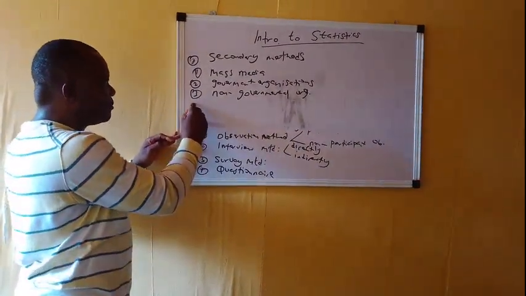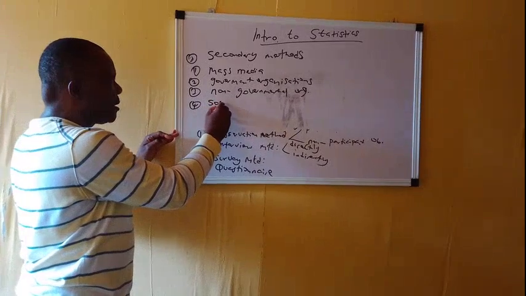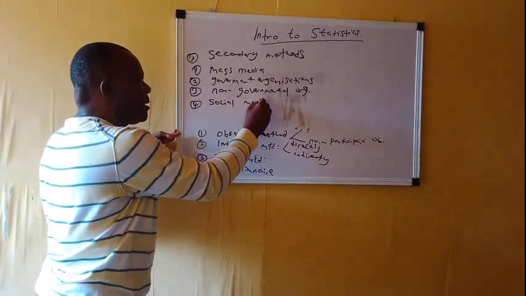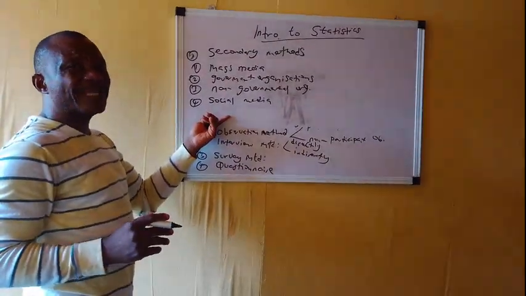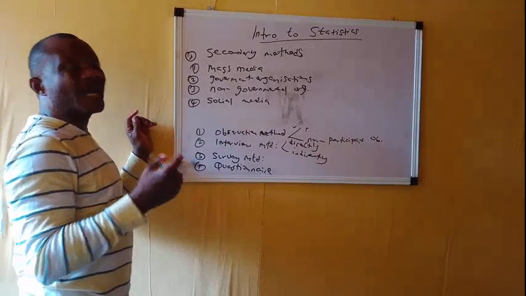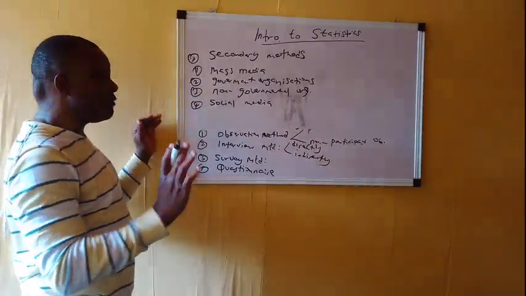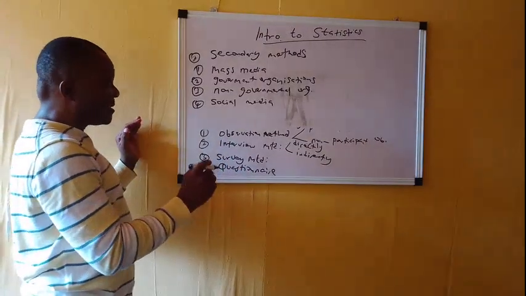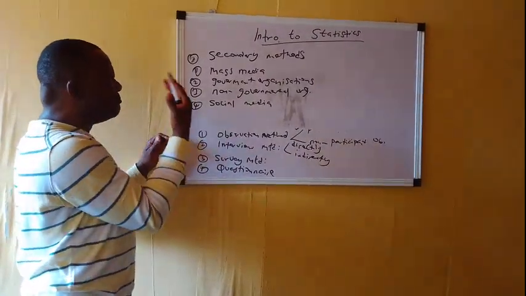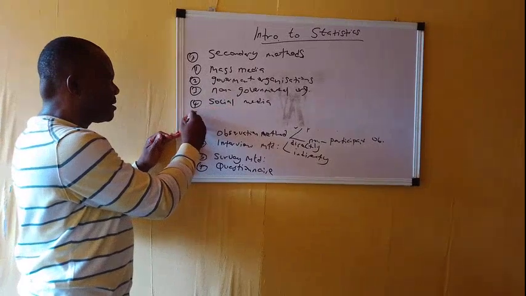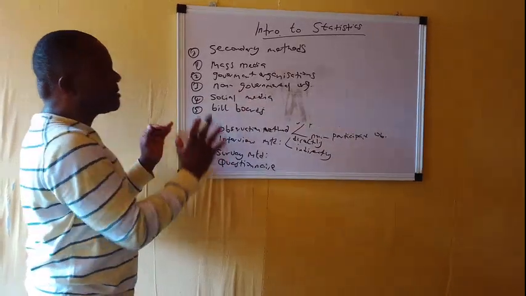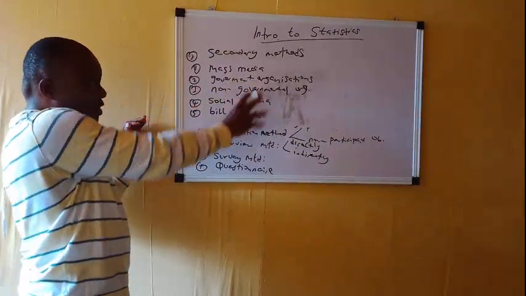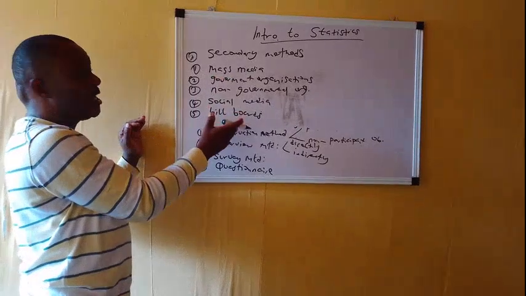We can get from social media. But data gotten from social media are sometimes not dependable, because of the way people manipulate things. You can get from billboards. These are sources that are not primary in nature.